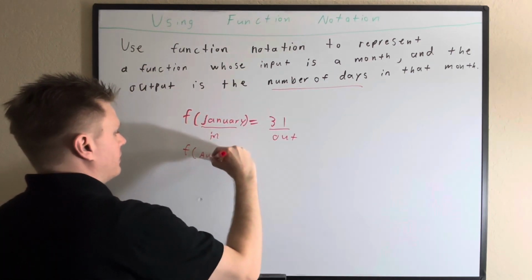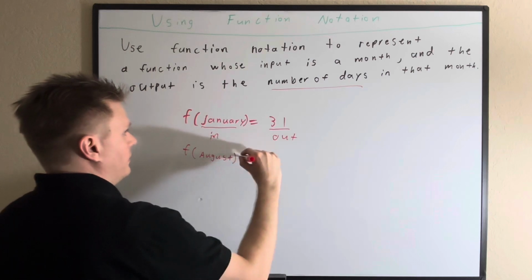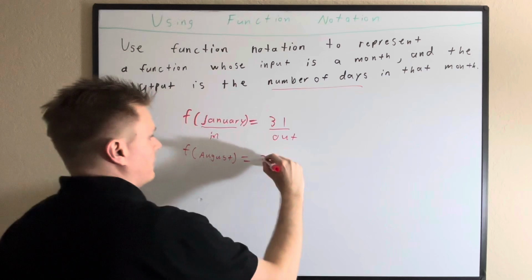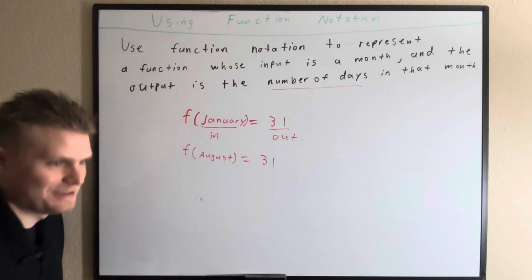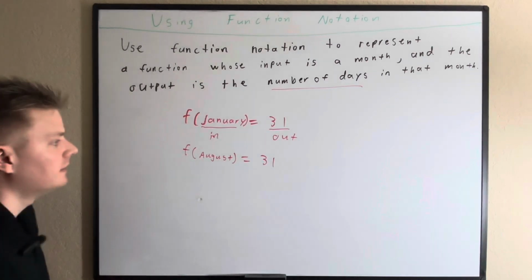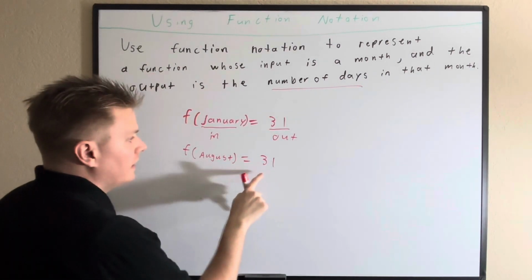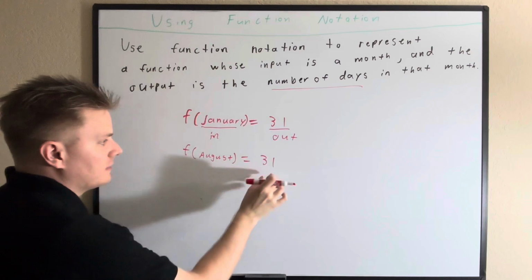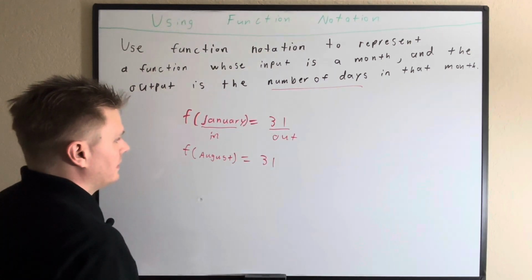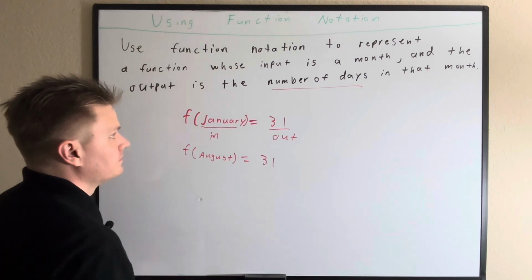So what if we put F of, I don't know, August? How many days are in August? 31? Yeah, pretty sure. I can always do that old trick where you count on your knuckles. January, February, March, April, May, June, July, August. Yeah, 31 days, because there are 2 months in a row where there are 31 days in them.